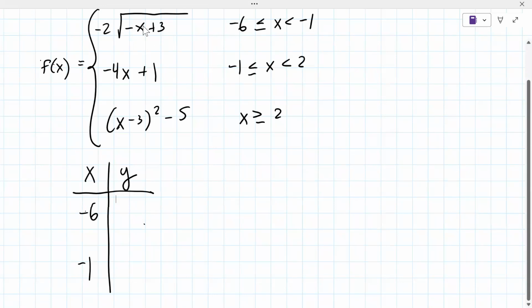Yeah, I would recommend putting those x values in there. Negative 6 and negative 1. Yeah, you've got to put those into this top piece.